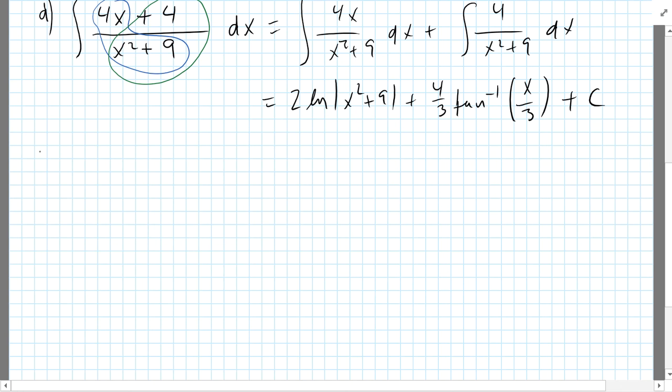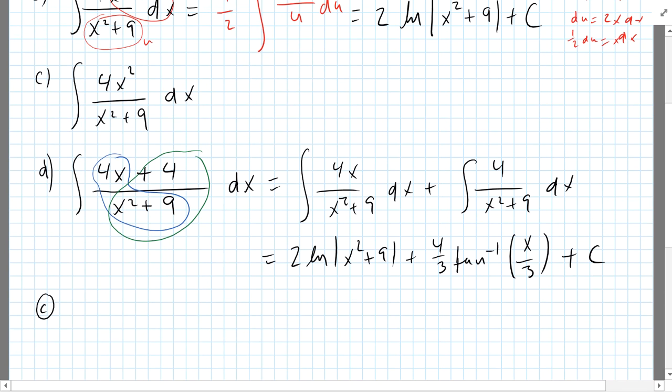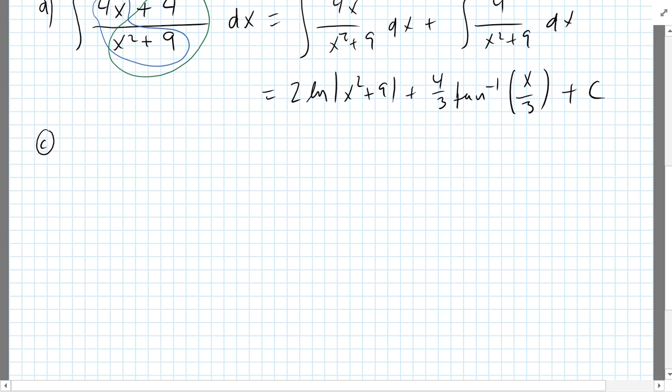And c is a little tricky, because you'll notice that the order of the denominator and the numerator are the same. And any time that the numerator has the same order or higher order than the denominator, you're going to want to do long division. So before we start on c, I have 4x squared, and I'm going to divide it by x squared plus 9.